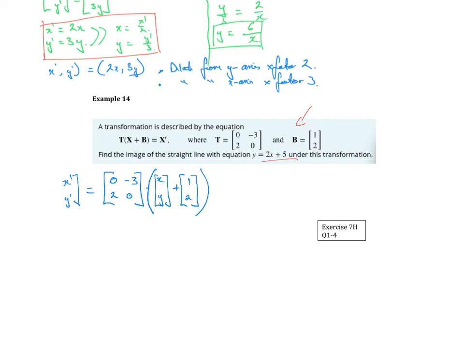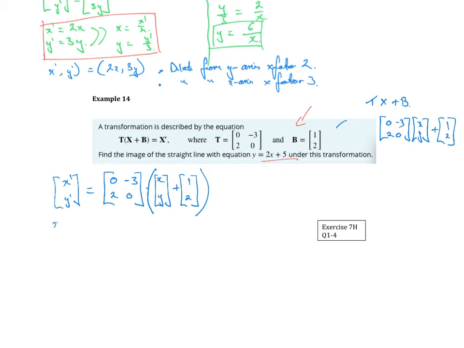Yeah, so it's the order of operations. The alternative way this could have been written is tx plus b, in which case we'd have 0, -3, 2, 0 times the xy plus the 1 and the 2. Yeah. So in this case, we've got the 1 and the 2 inside the bracket and then the transformation being applied.